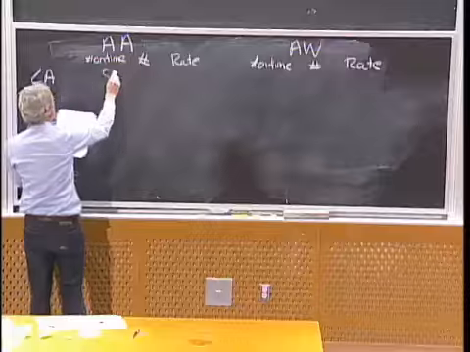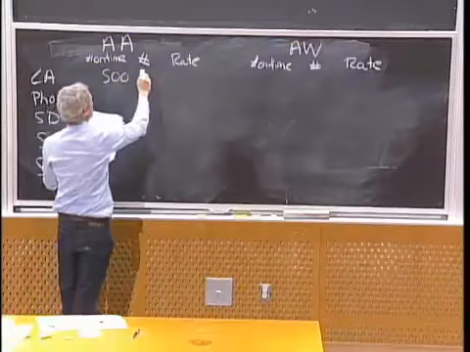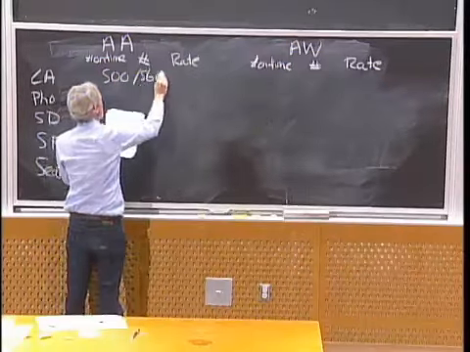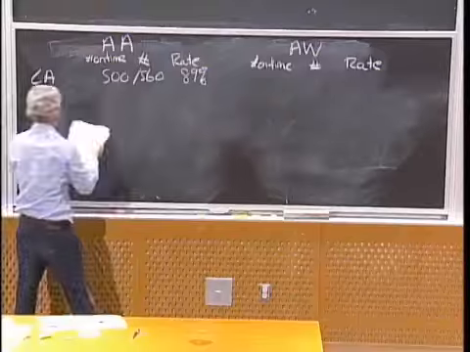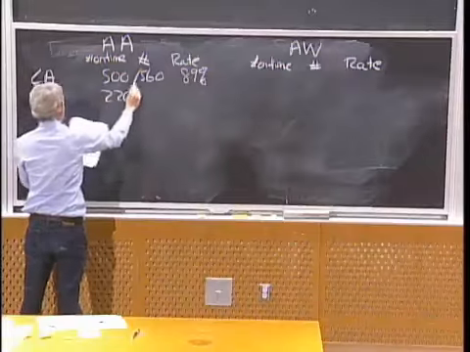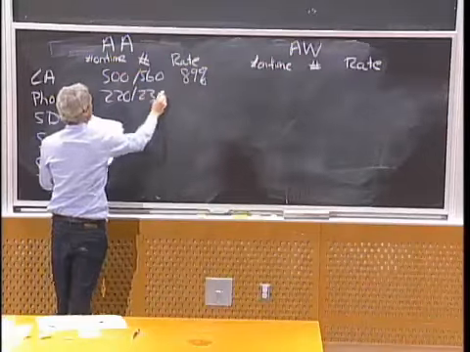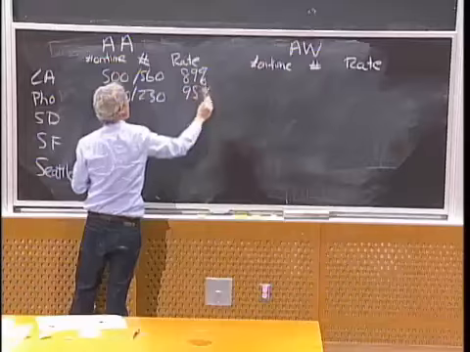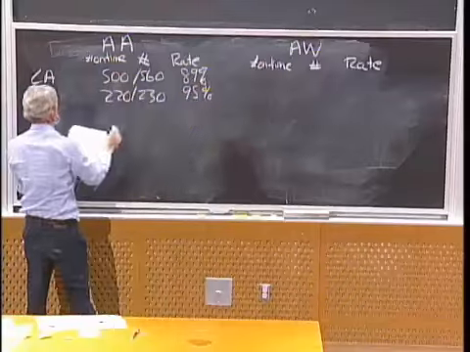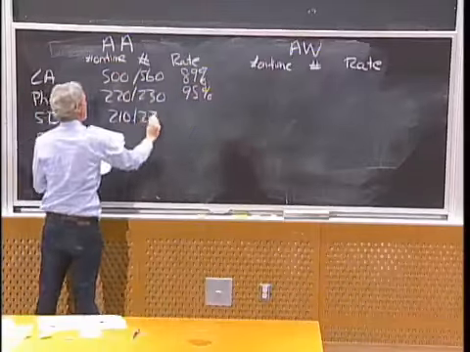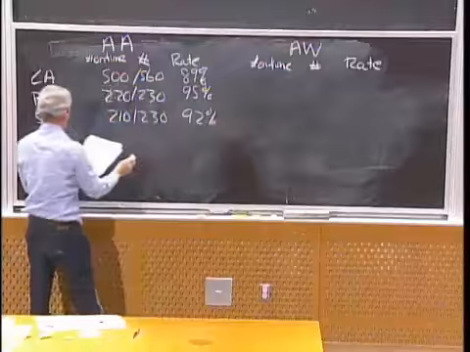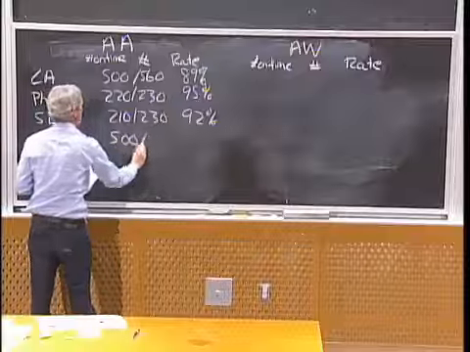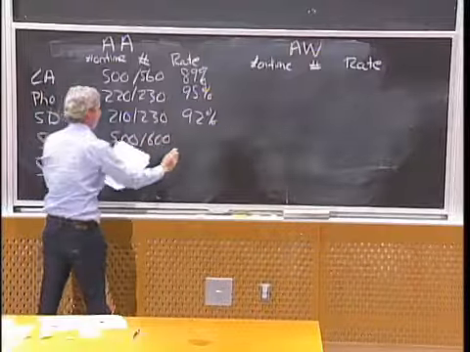So they had 500 out of 560 for a rate of 89%. 220 over 230 for 95. 210 over 230 for 92%. 500 over 600 for 83%.